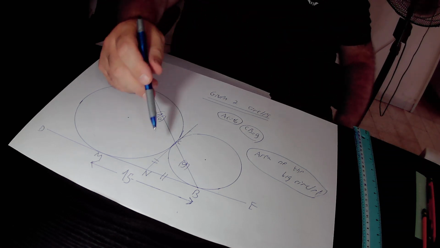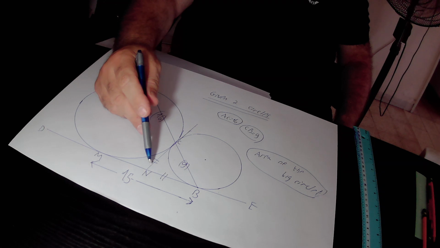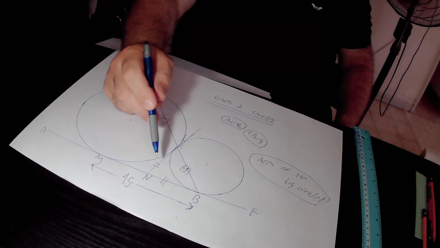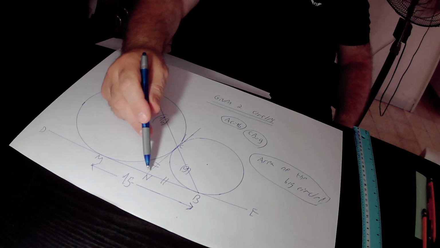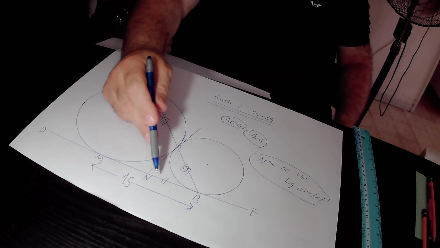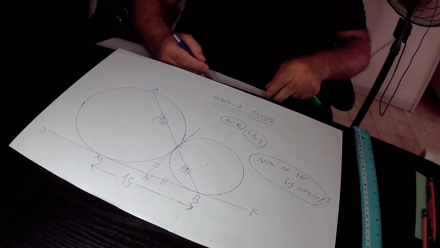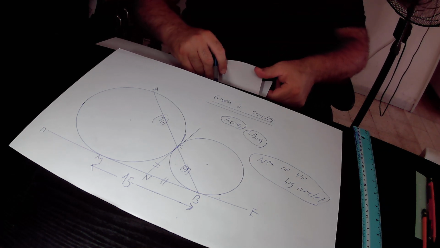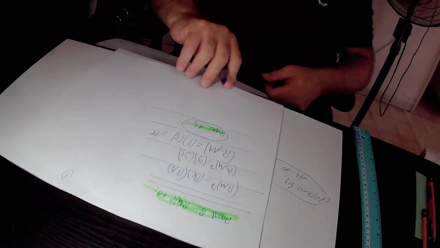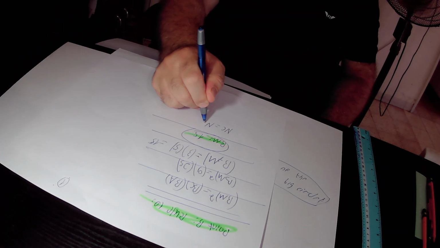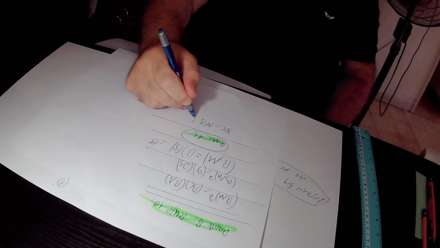From the common external point, point N, we have two tangents to the small circle, tangent NC and tangent NB. According to Rule 2, they are equal to each other. That is to say, NC equals NB. So I write it down. NC equals NB according to Rule 2.